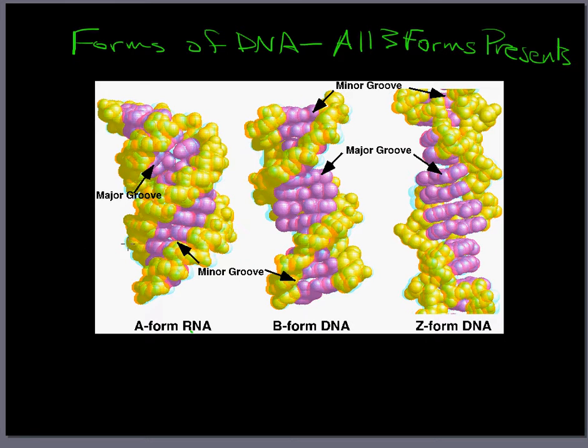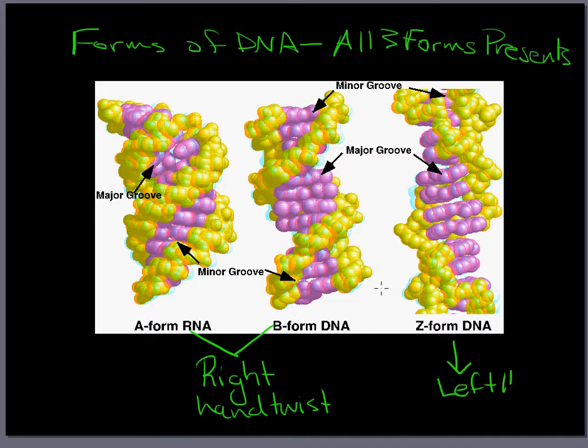Two of them are right-hand twists. And one is a left-hand twist. And we'll get into talking about why there's a left-handed twist and why there are two forms that are right-handed, A versus B. But I just want you to take a couple of minutes to notice the differences.